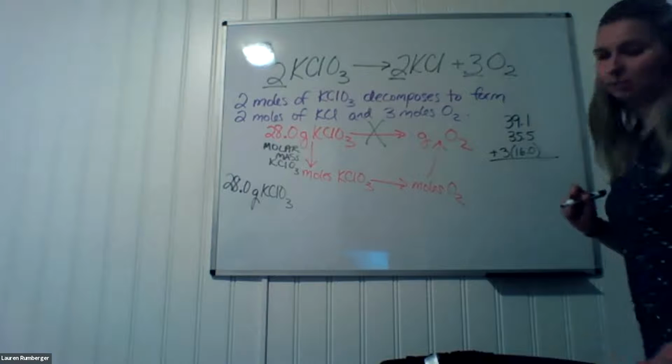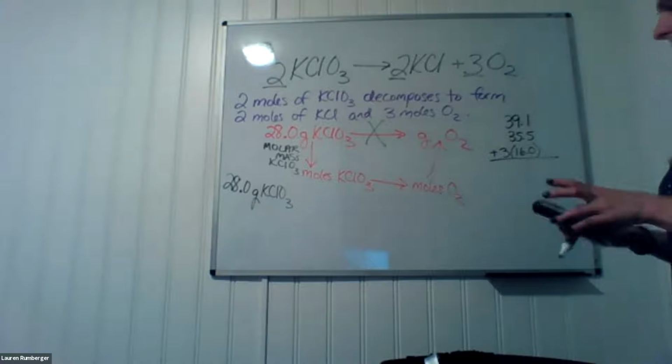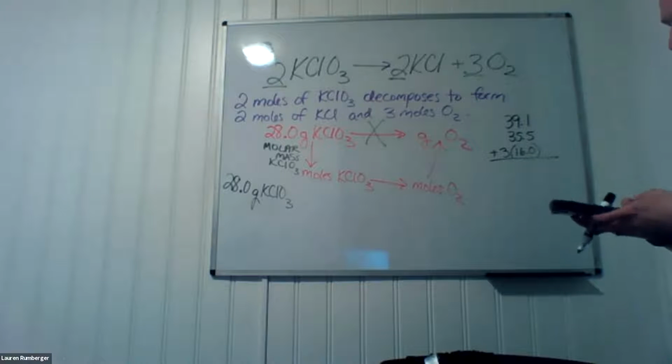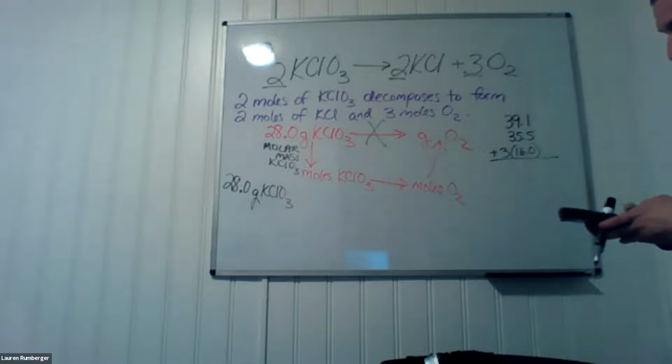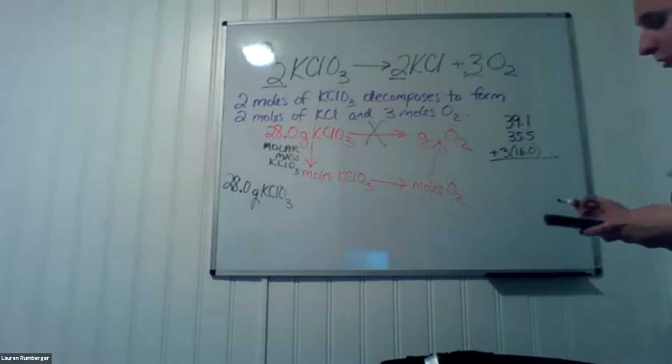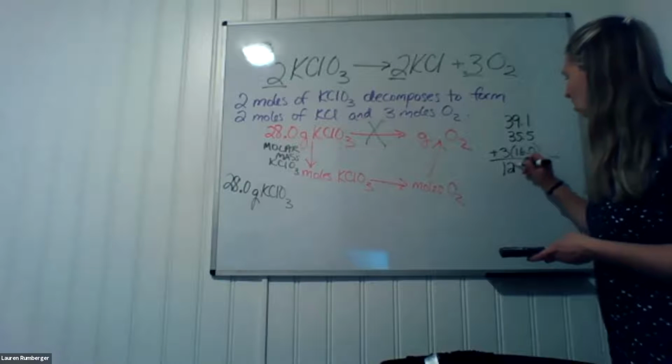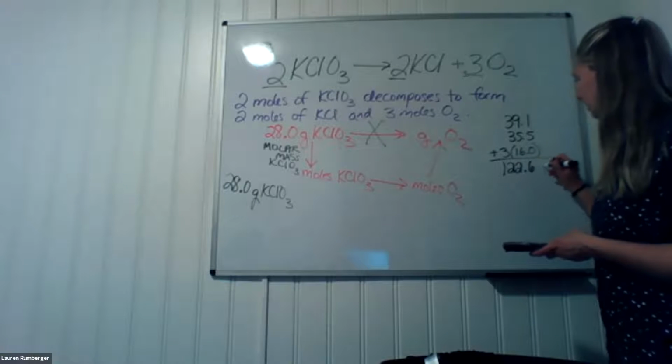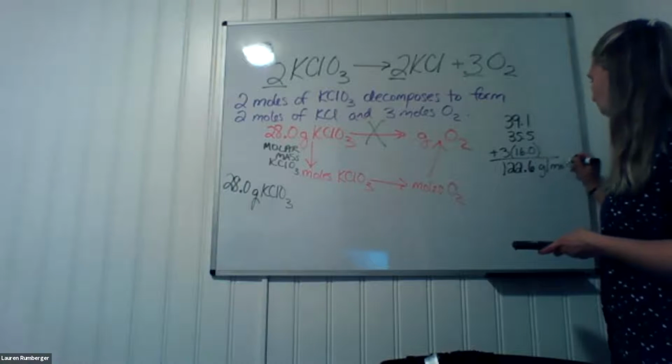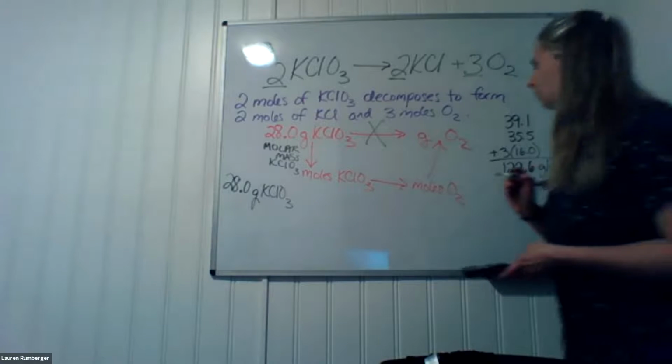We add these masses together to give us our molar mass. This should give you 122.6 grams per mole as your molar mass.